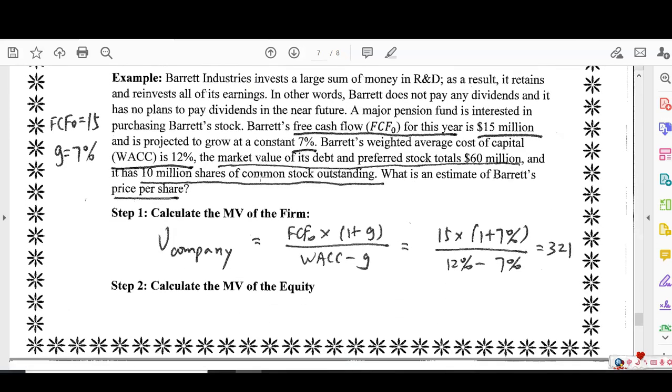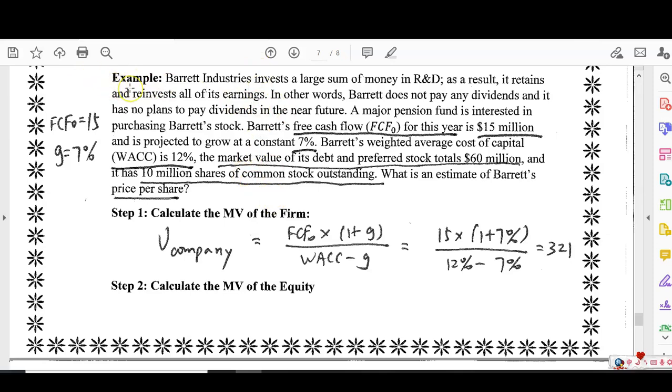Okay, that's preferred stock. Now we can look at another example where we have corporate valuation model for getting the stock price. Again, if you didn't understand our first model in these notes, you can go back and try to digest it.